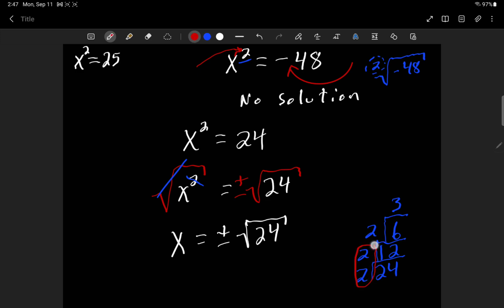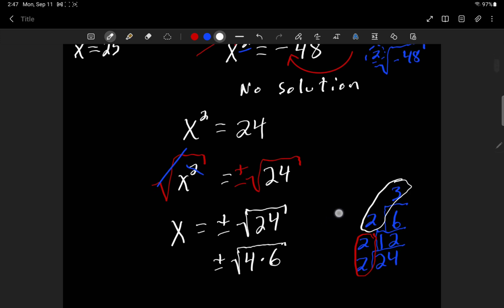Here's what I know out of this. This is 4, which is a perfect square. So I could rewrite this as still plus minus, and then I could write this as the square root of 4 times, and then the 2 times 3, which is just going to be 6, times 6.